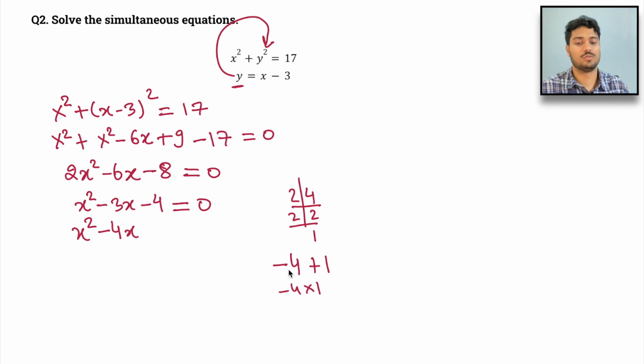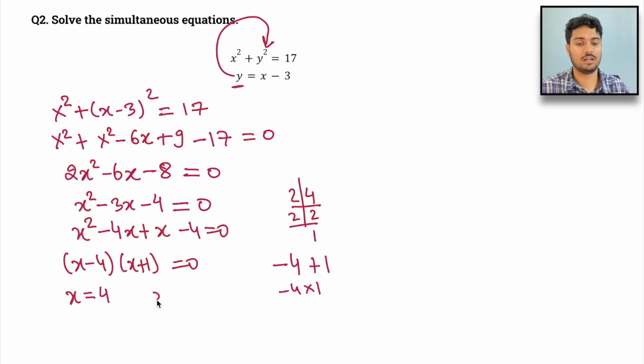That is also possible. So basically x square minus 4x plus x minus 4 equals to 0. So from here we will get x minus 4 and x plus 1 equals to 0. From here we will get the value of x equals to 4 and the other value of x equals to negative 1. Let's mark it as x1 and x2 and try to find the value of y1 and y2.